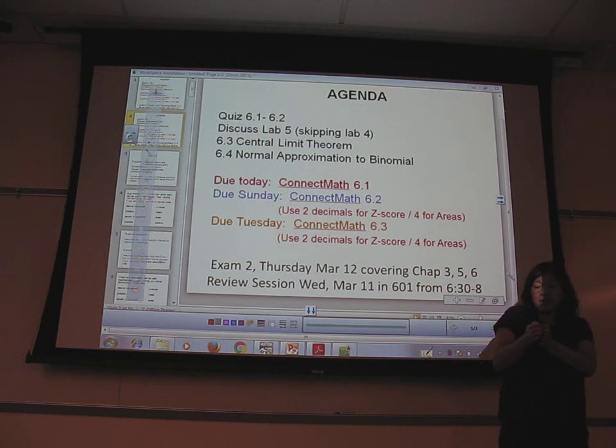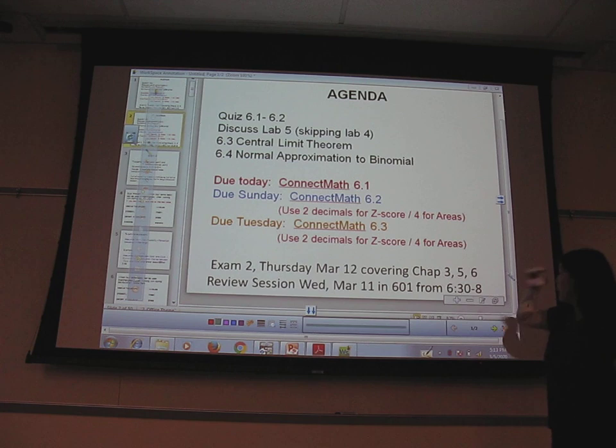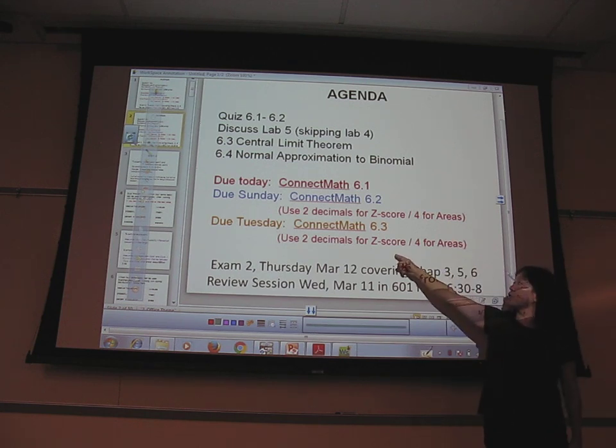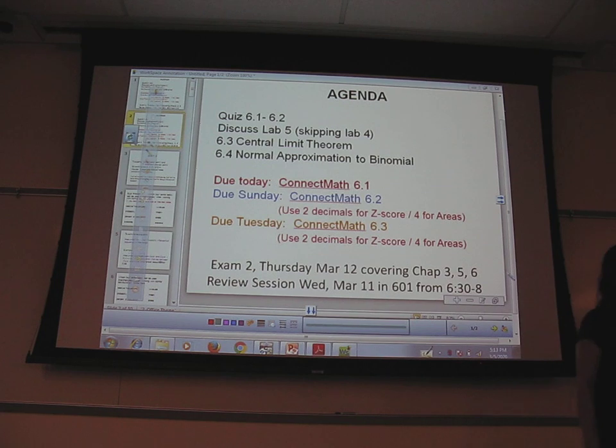What the table does is it finds the area from -∞ to -1, and finds the area from -∞ to 1, and then subtracts those. So sometimes it's off by a tiny bit. But definitely for 6.2 and 6.3, you have to use only 2 decimals for the z-score and only 4 for the areas.